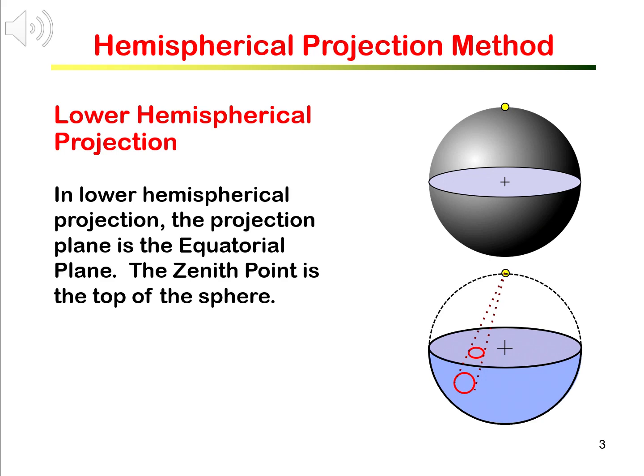It is the horizontal plane through the center. The zenith point is the center of the projection. That is, all the projection lines will converge to the zenith point. The zenith point in our lower hemispherical projection is the top of the sphere.